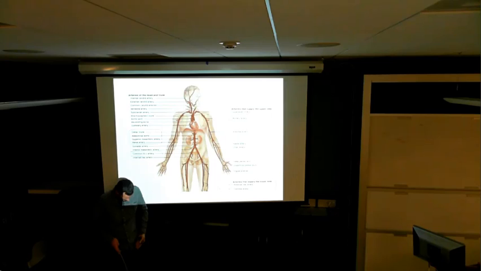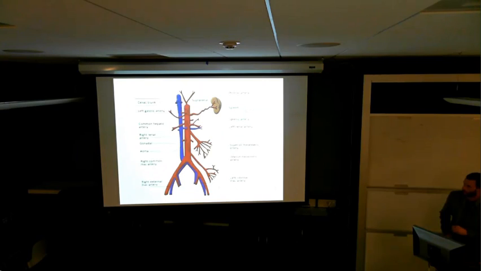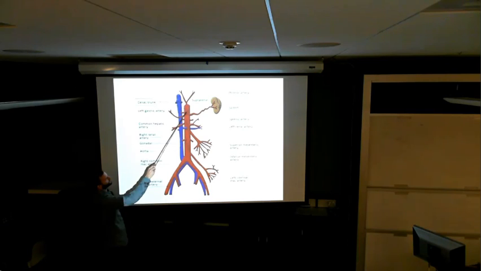Now these branches up here, some of them are straightforward. For instance, these guys here, what are those? The renal arteries, and you can make kidneys if you want, just make something that's a kidney and then have those arteries go into them. And then there's a couple other pictures that I want to look at. But the first artery you're going to have coming out of the abdominal aorta is the celiac trunk.